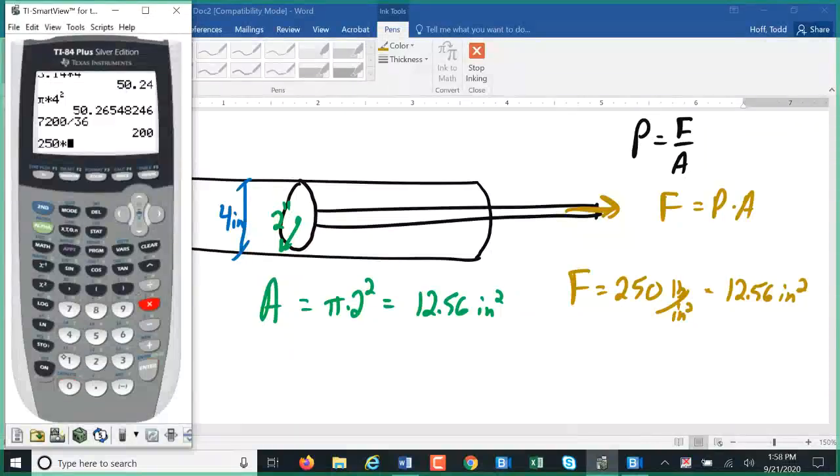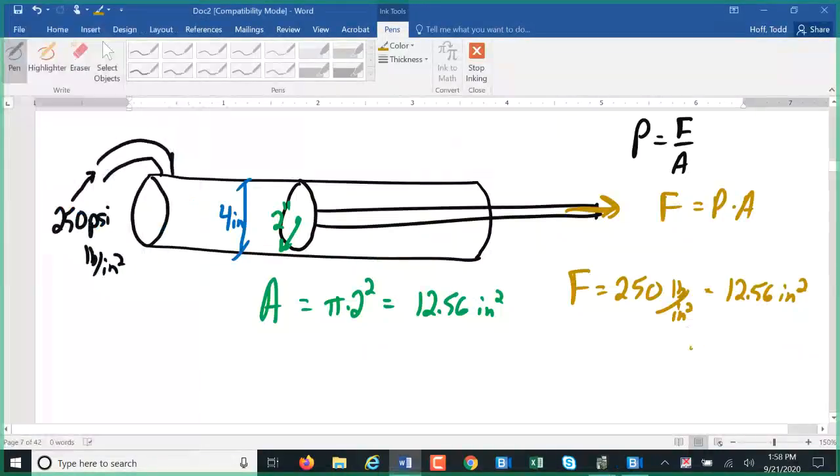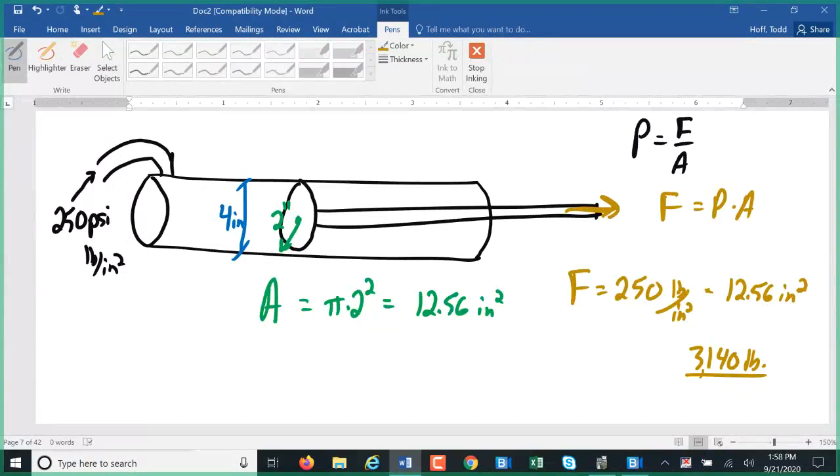Most of them run well over 400 pounds per square inch. That's still 3,140 pounds of force that it can push out with. So a log splitter, you think it doesn't sound like it's much, a 200 or 250 pound pressure on those small hydraulic pumps, the compressors. But that's putting out 3,000 pounds of force on that splitter.